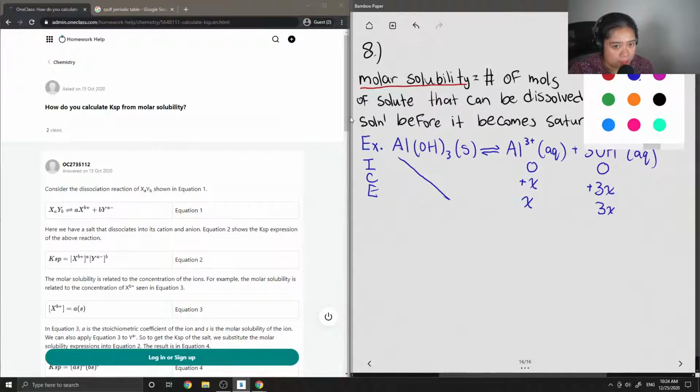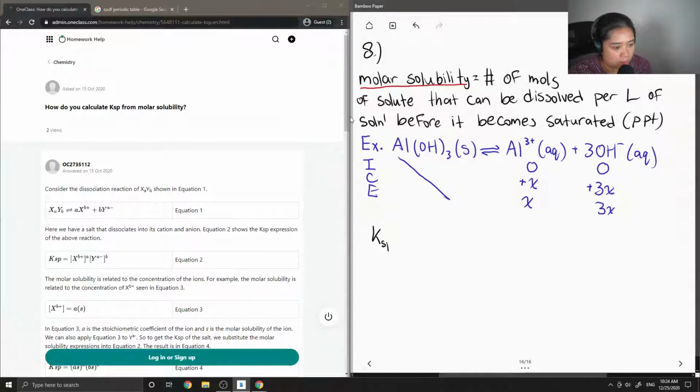So KSP can be expressed through the concentration of the aluminum ion times the concentration of OH minus to the power of 3, since it has a coefficient of 3 in the balanced equation.